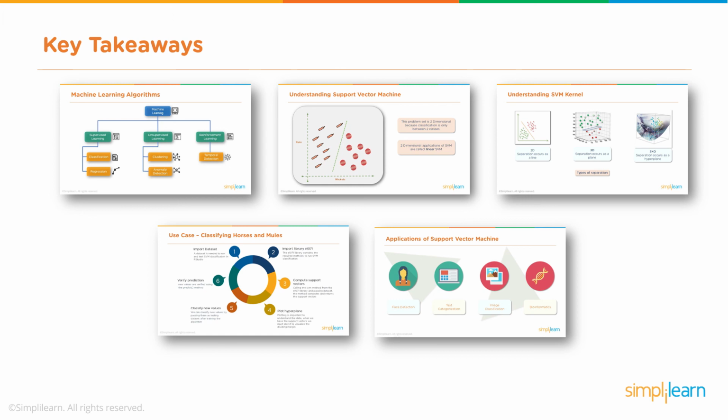We looked at what happens if your 2 classes are not linearly separable, and understanding the SVM kernel and how you could map a non-linearly separable problem to a higher dimension and thereby create a clear separation. Then we looked at the use case of horses and mules. It's a small data set, but very indicative of how SVM works. And then the applications of support vector machines. Although we only covered 4, face detection, text categorization, image classification, and bioinformatics, there are literally thousands and thousands of applications of SVM.